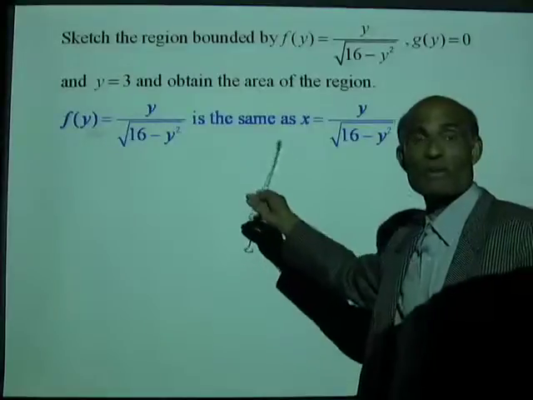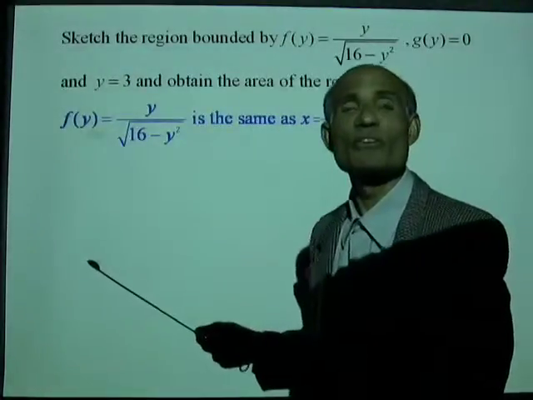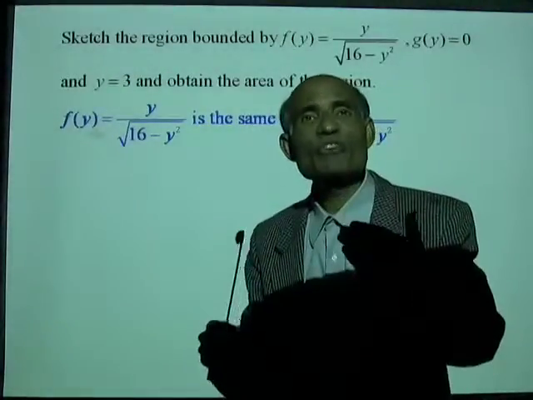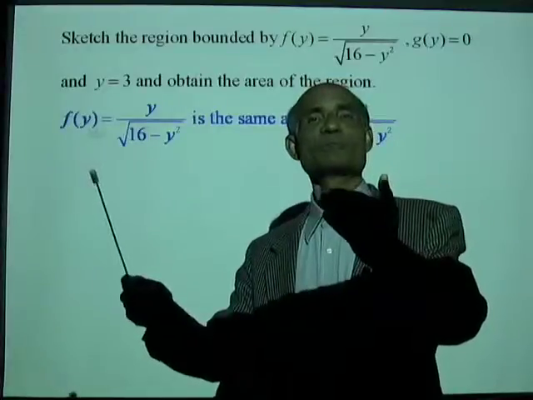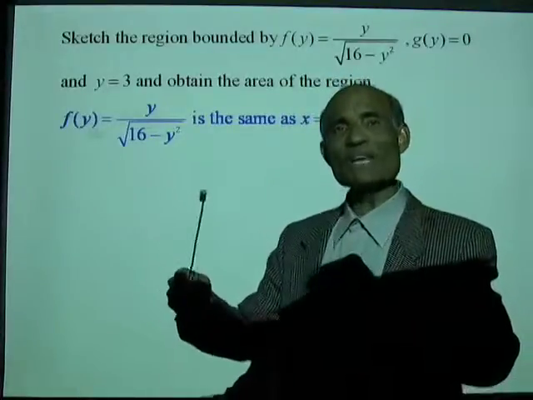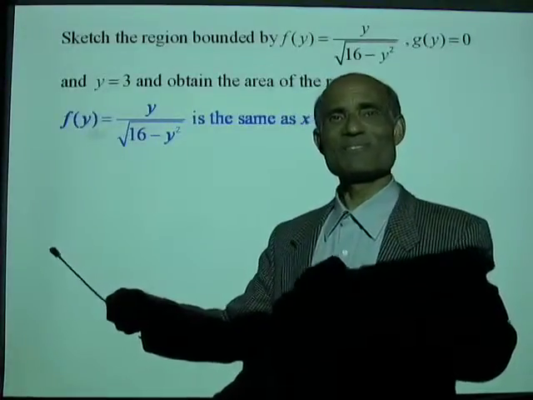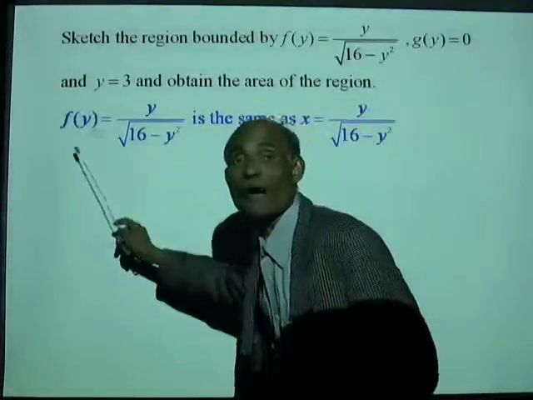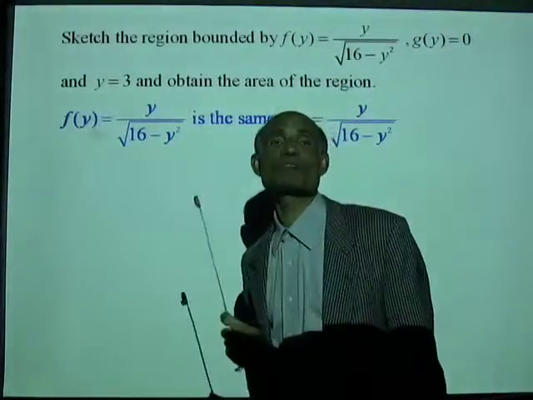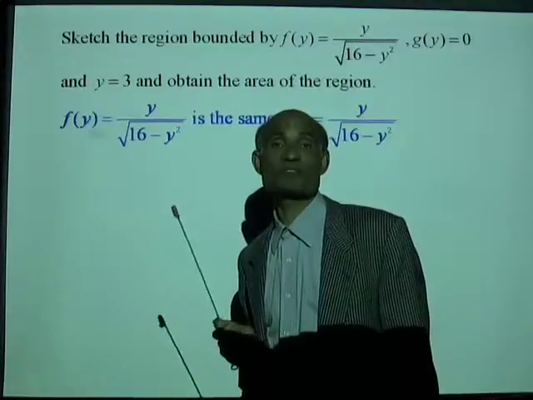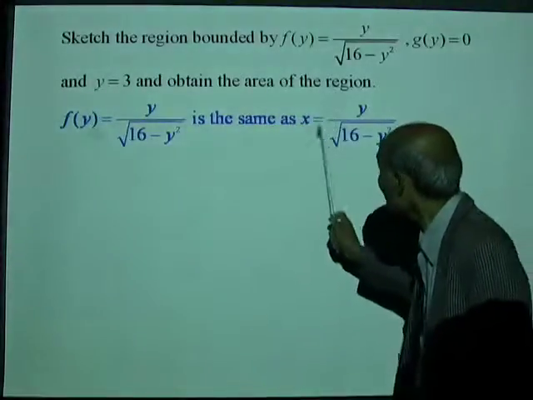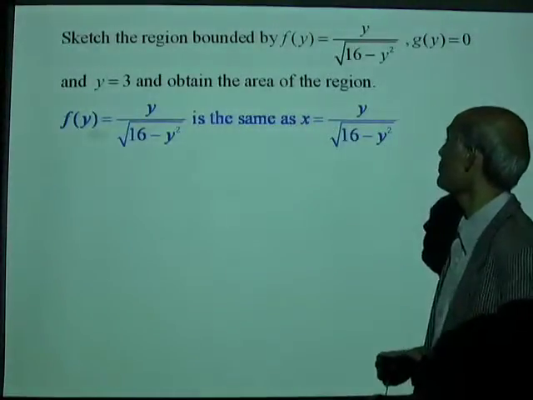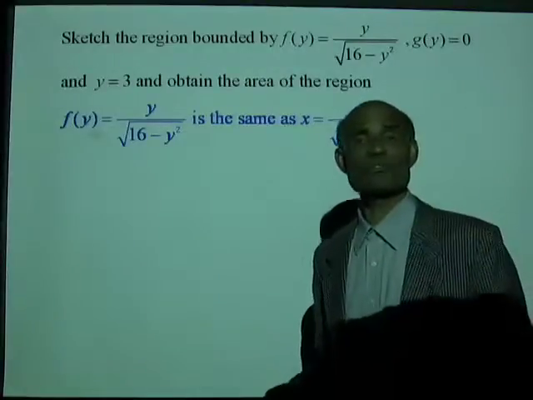I just told you that earlier. In other words, f of x equal to 5x plus 2 is the same as y equal to 5x plus 2. In the same way, f of y equal to y over square root 16 minus y squared is the same as x equal to y over square root 16 minus y squared.